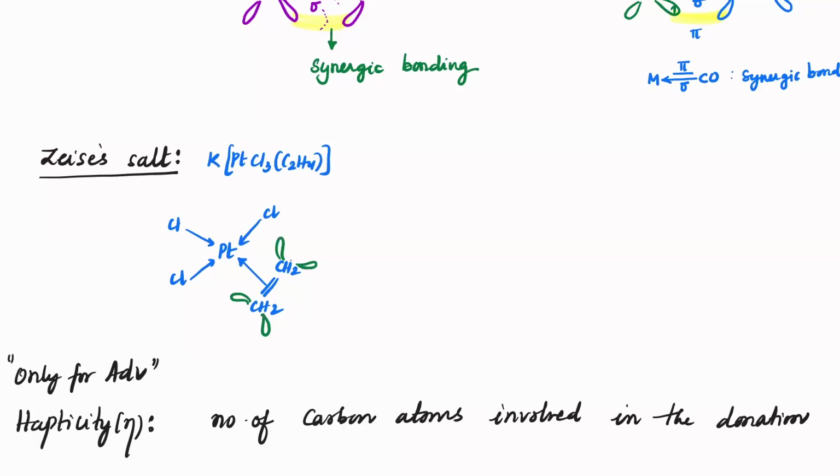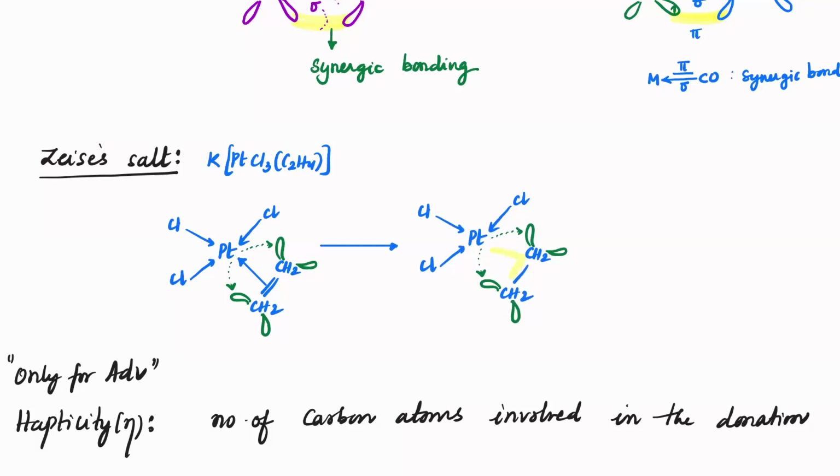Okay. Now platinum will try to offer the bond from its orbitals to these two ends. So in short, it looks like this. So now this pi bond is completely turning into a bond like this here.